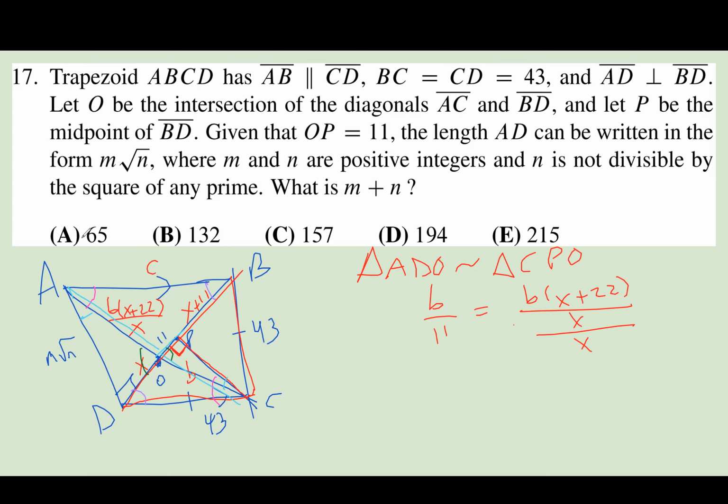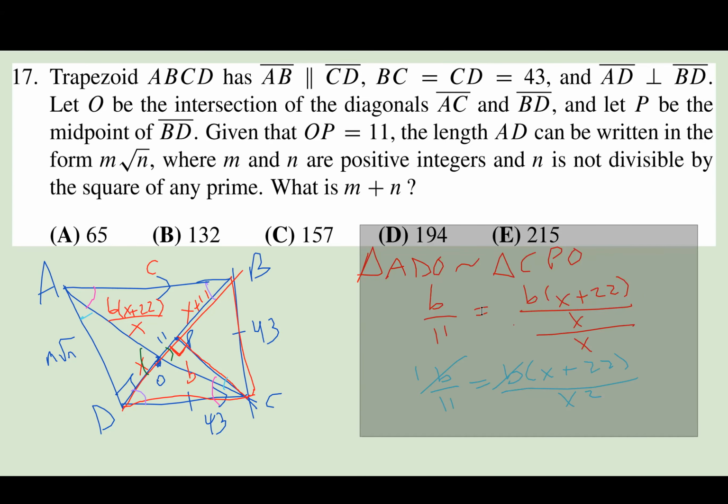So again, coming from the similarity, this will hopefully allow us to solve for x. So we have b over 11 equals b(x plus 22) over x squared. Cancel the b's out.